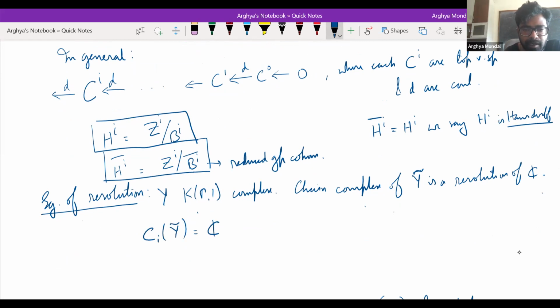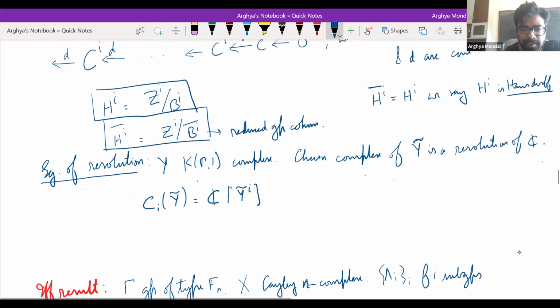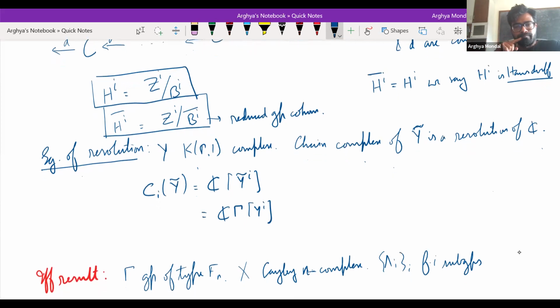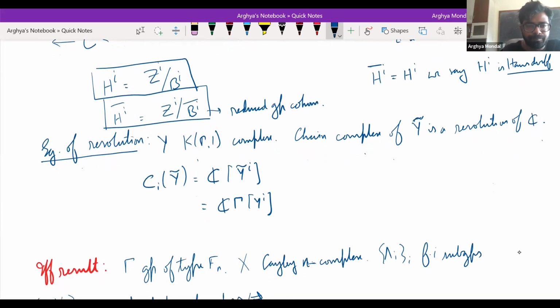It is basically C-linear combinations of the i-simplices, which are lifts of i-simplices in Y. If you fix a particular lift of every i-simplex, then all other lifts are related by a gamma translation. So you can write this as C gamma times Y. So this is the resolution that I'll be using all the time.